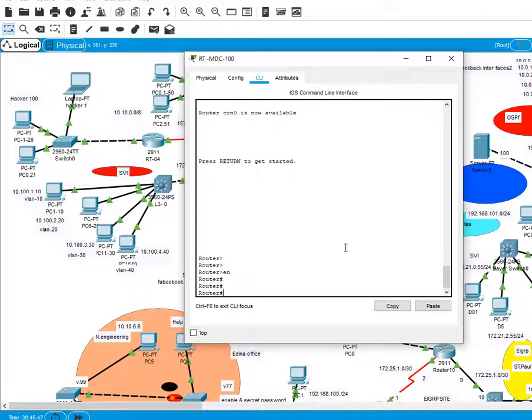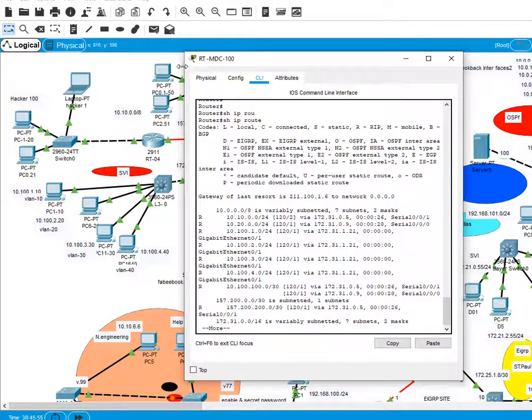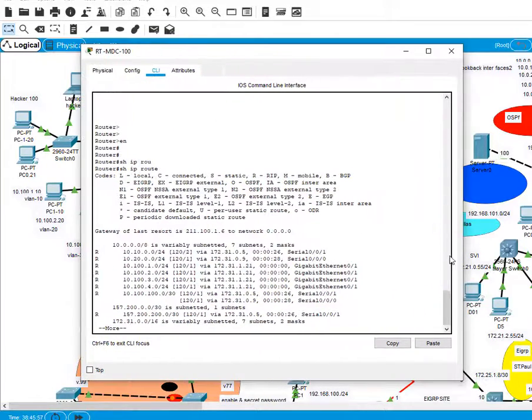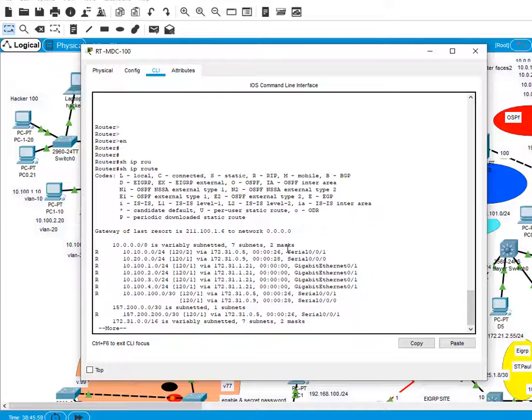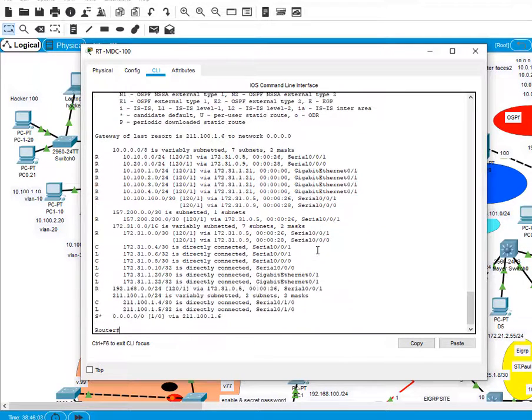If I say show ip route, then we can see a bunch of information there, a lot going on. It's related to the routing table. So I'm going to go down.